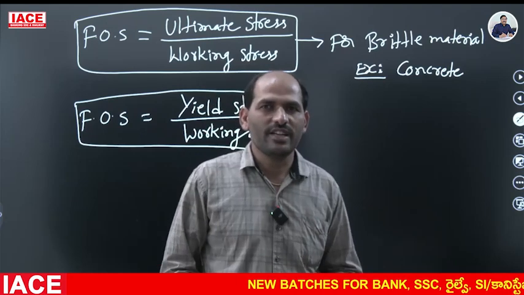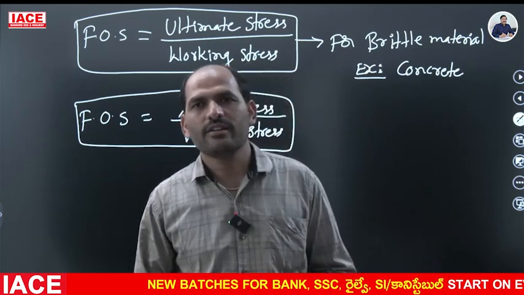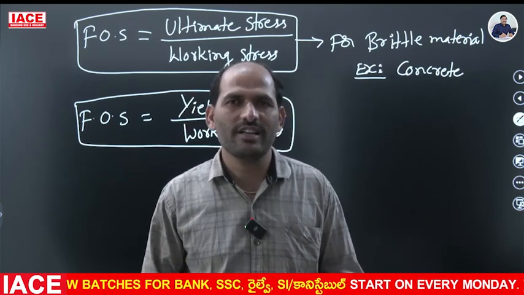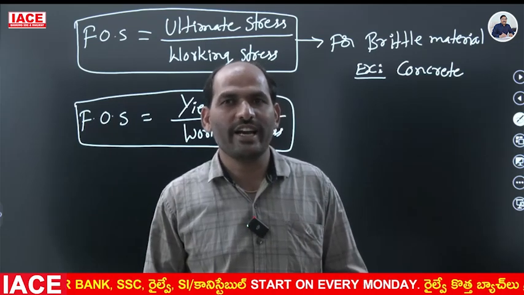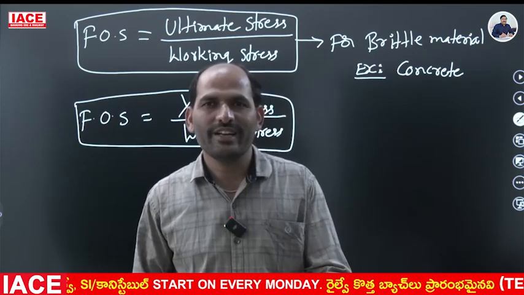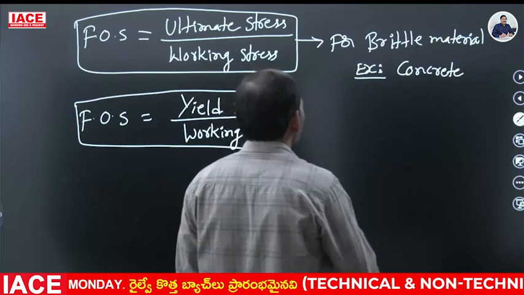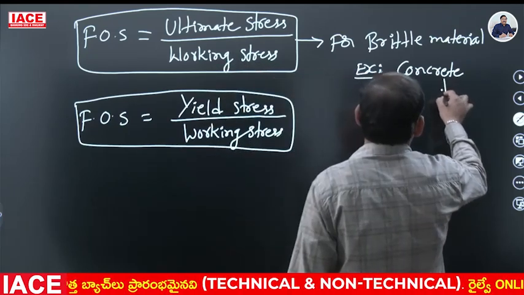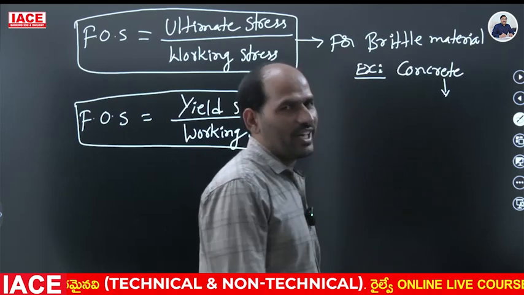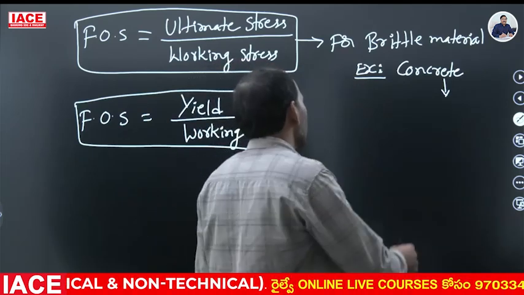The ingredients are binding material, cement, fine aggregate, which we call sand, and coarse aggregate, mixed with water. It is called concrete, right? So concrete is the plain cement concrete, or simply we call it concrete.